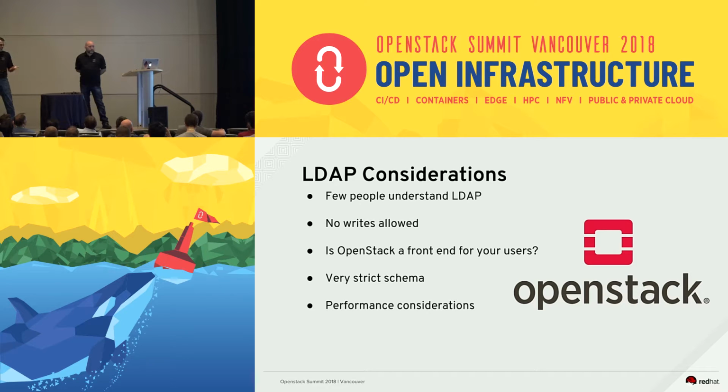So I mentioned earlier there are no writes allowed. It's a good thing, right? But maybe some users would like to create something on the Keystone side or OpenStack side and be able to translate that to the LDAP. I heard that at least one more time. OpenStack itself, either Horizon or API or CLI, is not always the front end to what the users are dealing with.